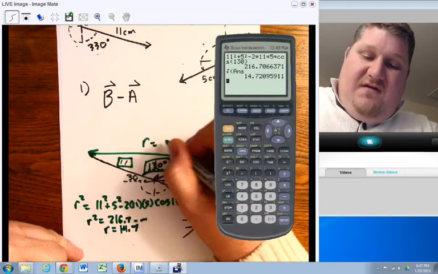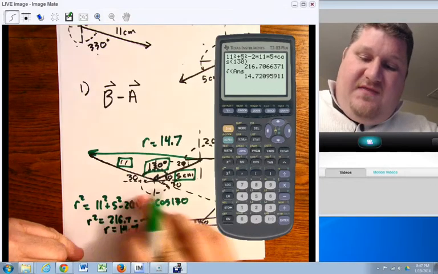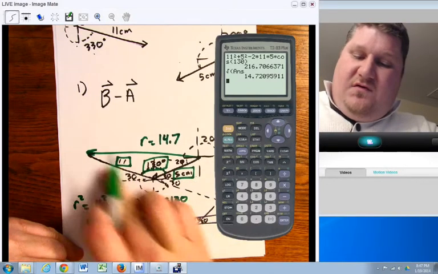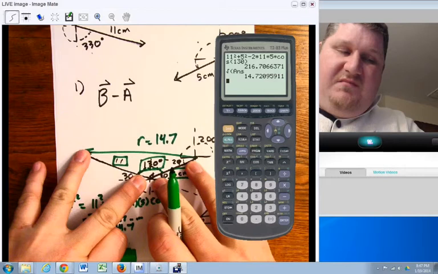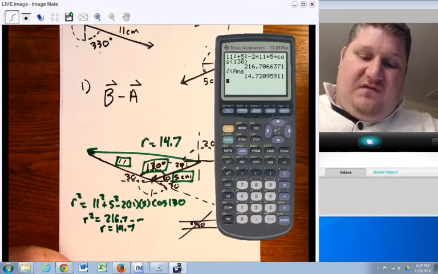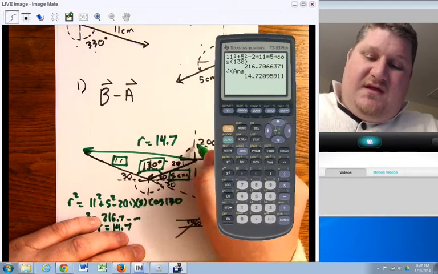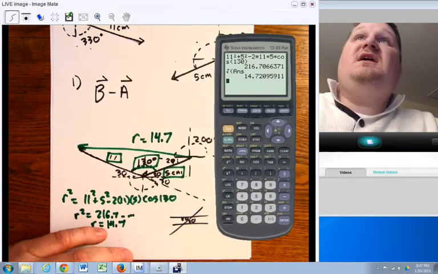Now, if I look at this, I have 5 and I have 11. That's a total of 16, but I have a nice big angle, so 14.7 does make quite a bit of sense. Now that we have the length or magnitude, we're going to need to find the direction.